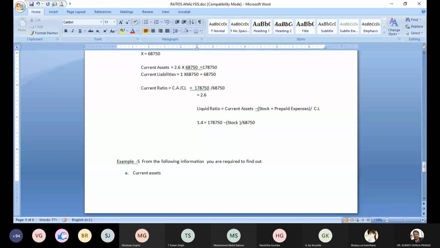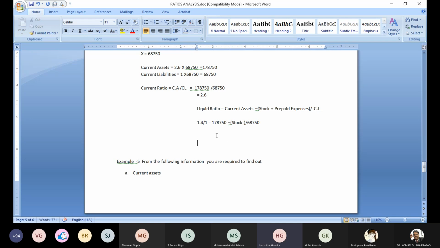Correct? Yes, sir. Okay. Here 1.4 means 1.4 divided by 1. Correct or wrong, if I write like this? Yes, sir. No problem.